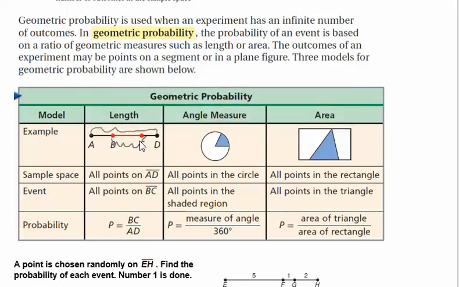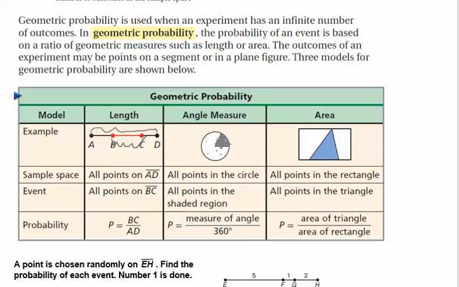That's the sample space. If we're talking about angle measure, then the sample space is any point in the circle anywhere. And we're just looking for what's the probability that it would land in this shaded region. So there's an angle measure that would be given in that circle that is in this little sector here.